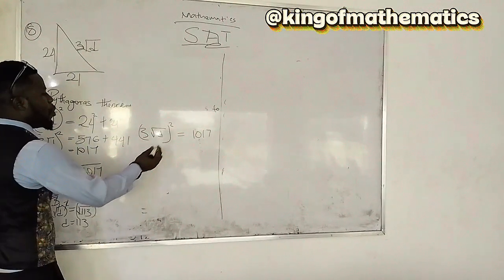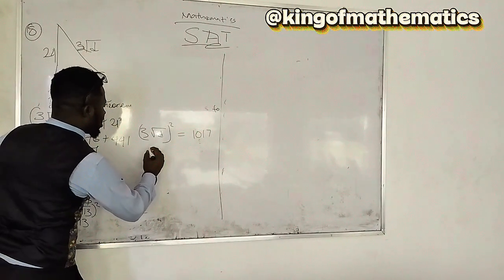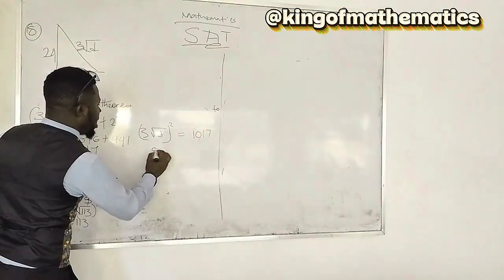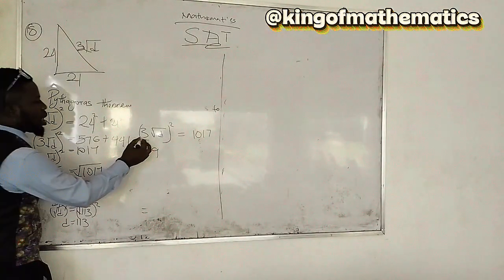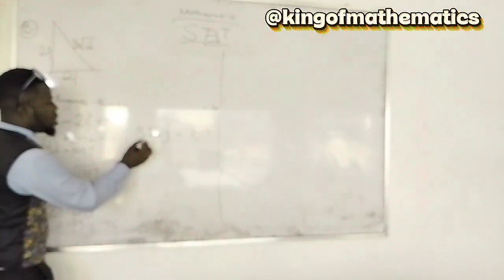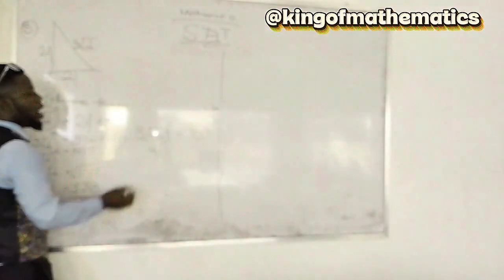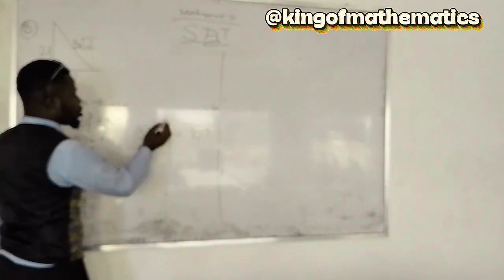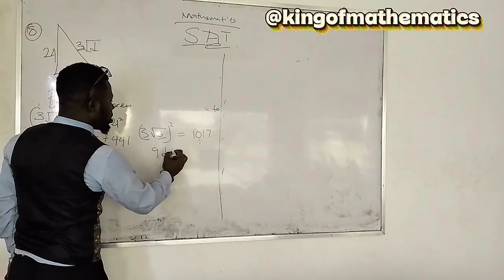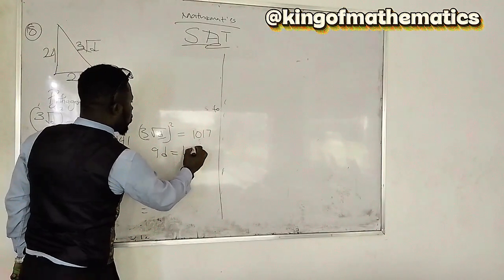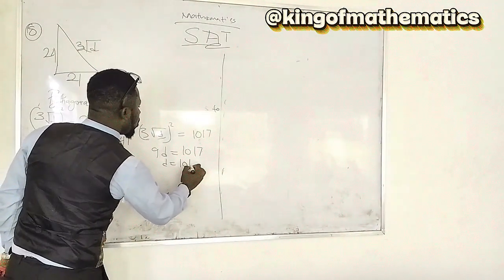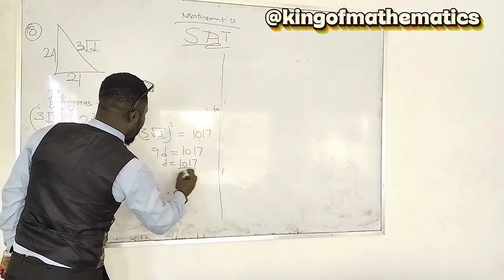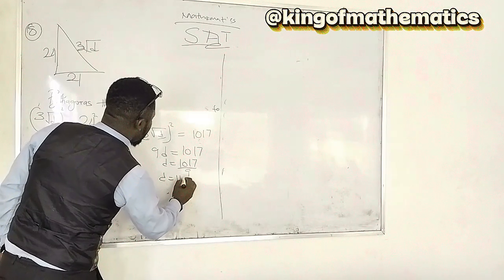You might say that this is going to be 9, because 3 squared and root d squared are two different entities. 3 squared will give me 9 and root d squared will give me ordinary d. So 9d equals 1017, and d equals 1017 divided by 9. D will equal 113.